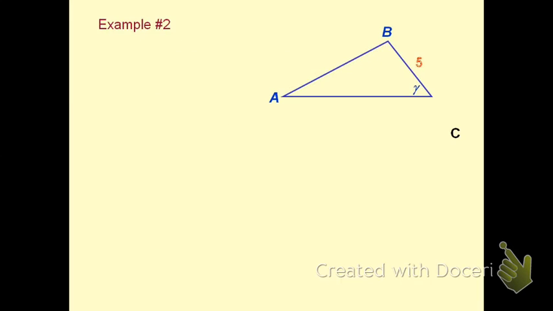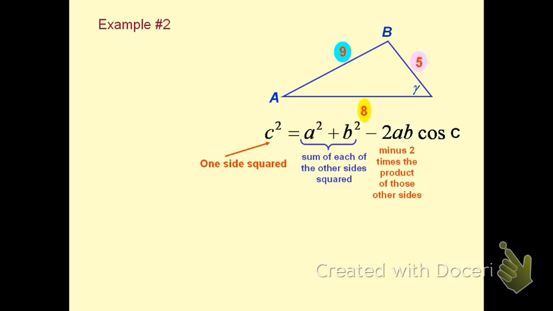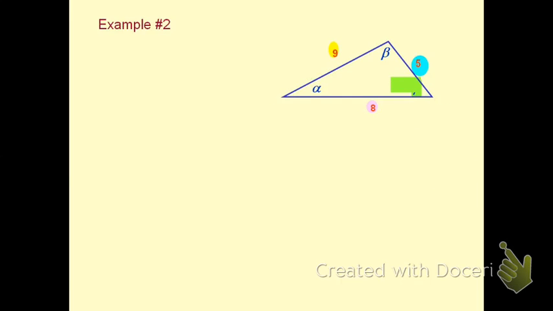Okay, let's actually solve it now. So again, here's our formula. And since we have the little c squared, we're going to take the other two sides squared added together, minus 2 times those other two sides again, and then cosine of the same letter that we have at the beginning. Okay, so let's do the problem.